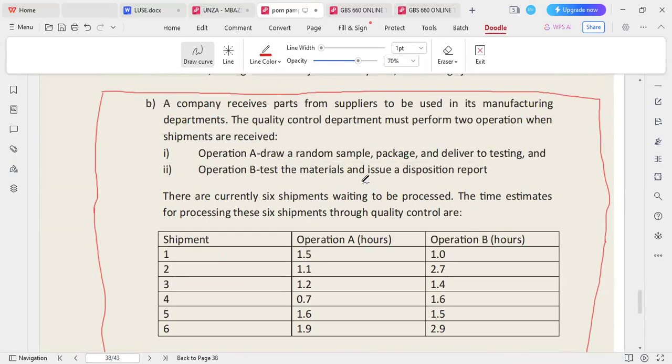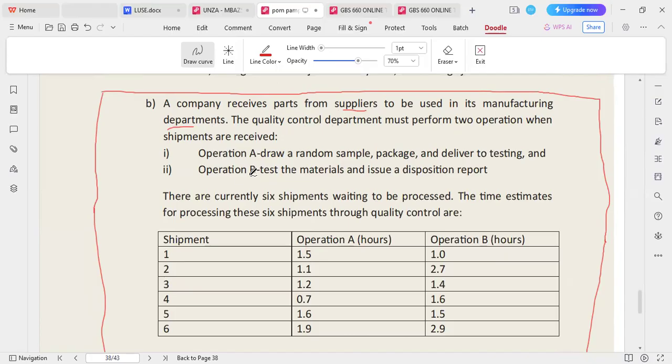This operation says the company receives parts from the suppliers to be used in the manufacturing departments. The quality control department must perform operations when shipments are received. Operation A: draw a random sample, package and deliver to testing.